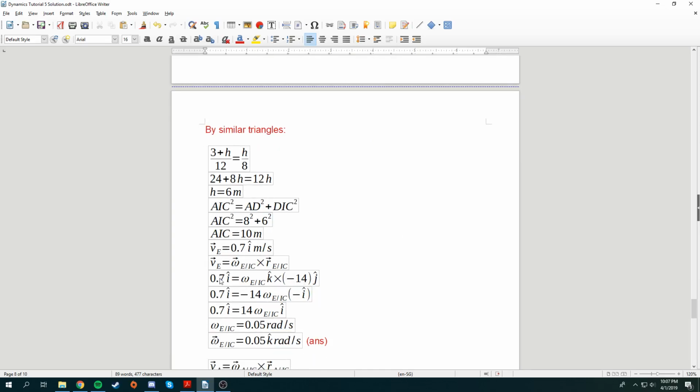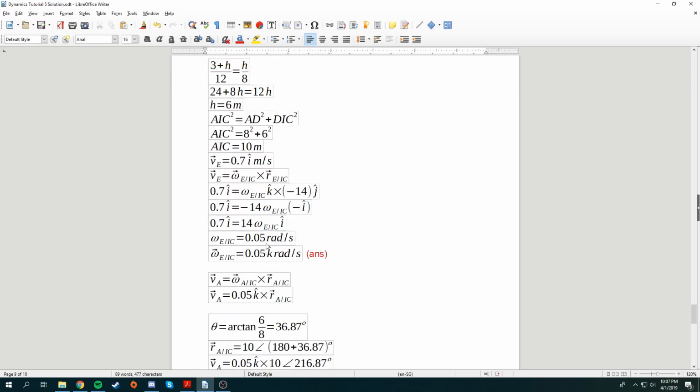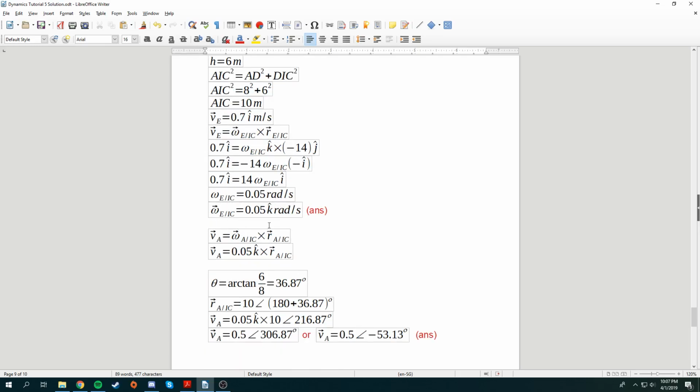I know VE is 0.7, so I do the vector cross product and can very easily solve for the angular velocity. Again, assuming that the angular velocity is rotating in the positive direction, in this case my assumption is correct and I got it to be 0.05 radian per second in the positive k direction. So that's the first part of the question.